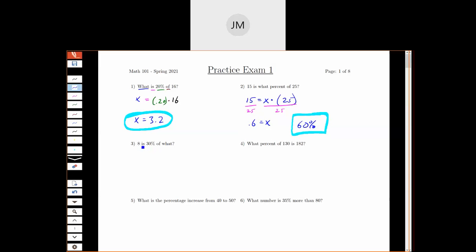8 means equals, 30% I write as a decimal, percent of is multiply, and what is my variable? So 8 is 30% of what? In order to get my variable by itself here, I have to divide.